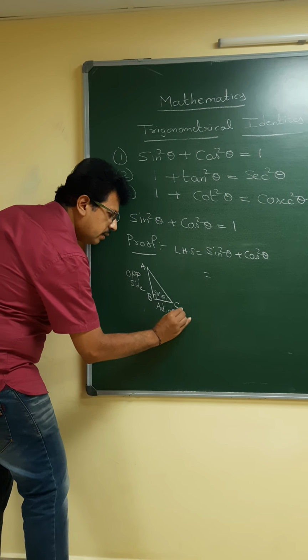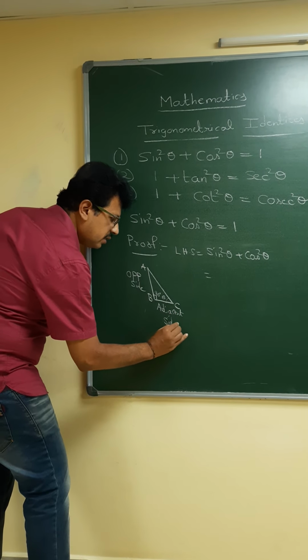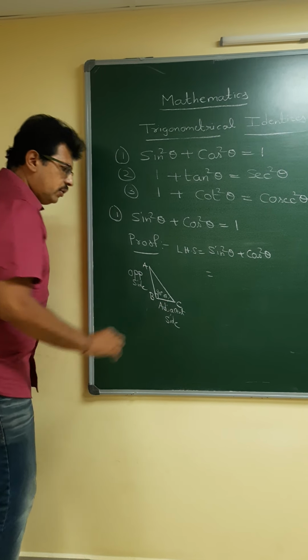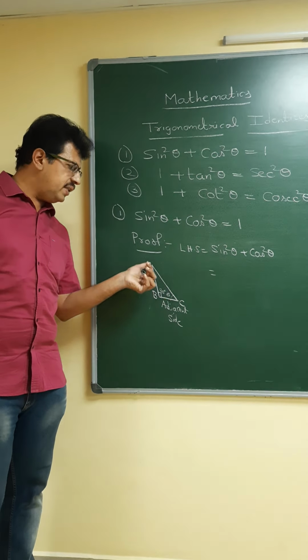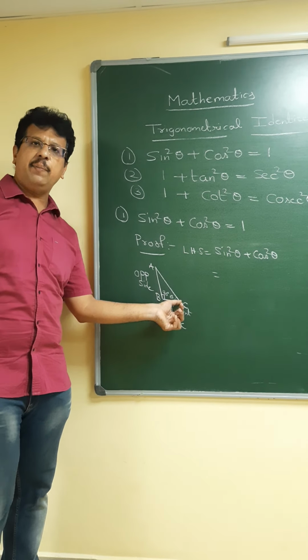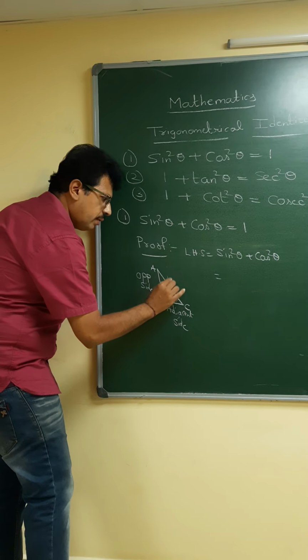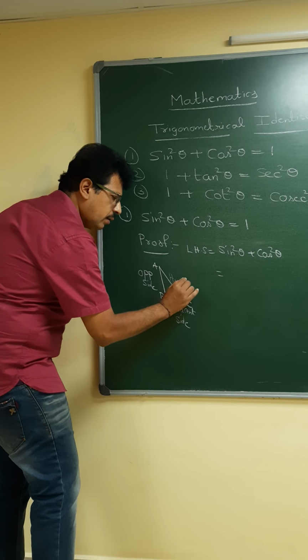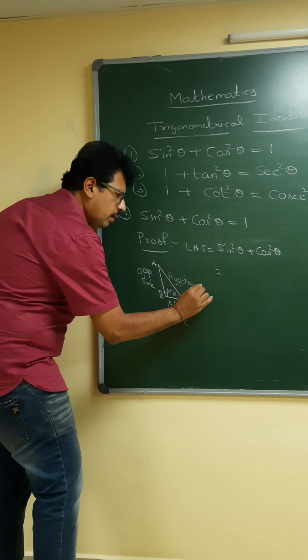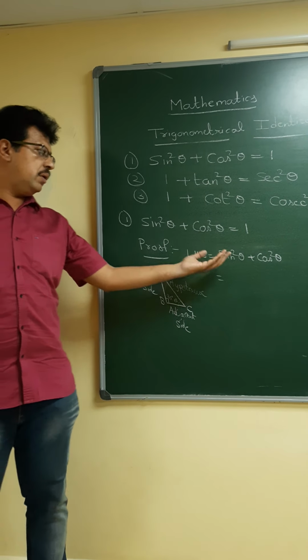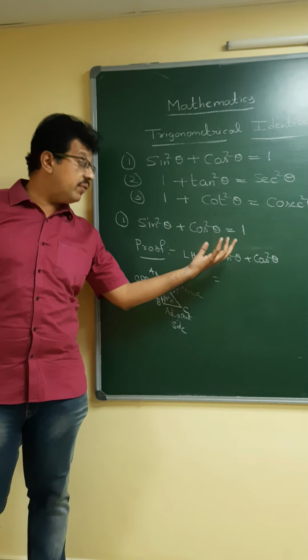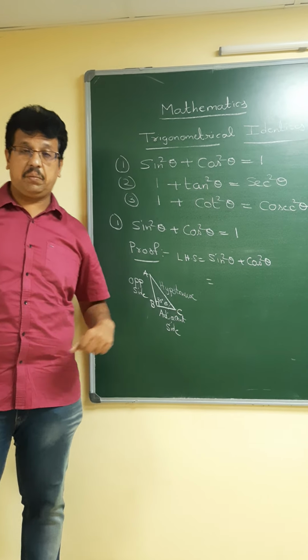Next, opposite to angle B, that is 90 degrees, is AC. AC is called the hypotenuse. So these 3 are very important before we say the definitions of sine theta and cos theta.